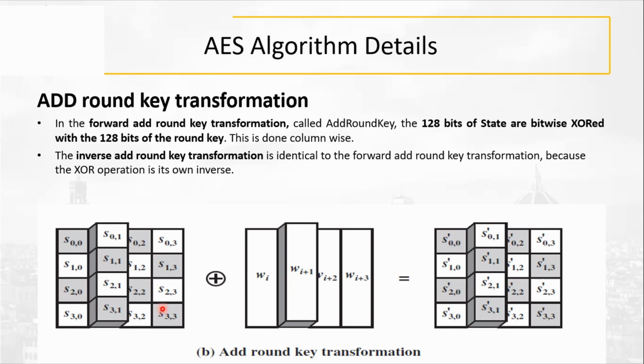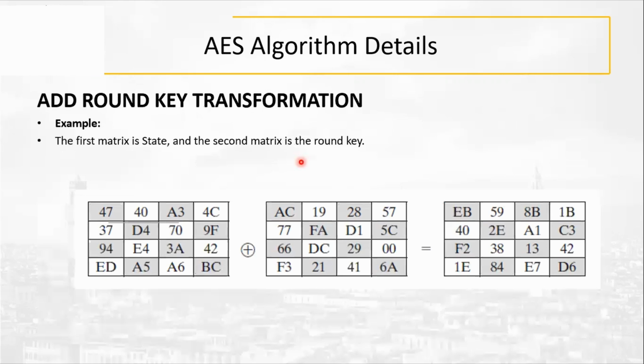I guess I'll have to do it manually, but you can check that. You have to XOR it by column in this fourth step. So these are the 4 different steps that you have to follow.